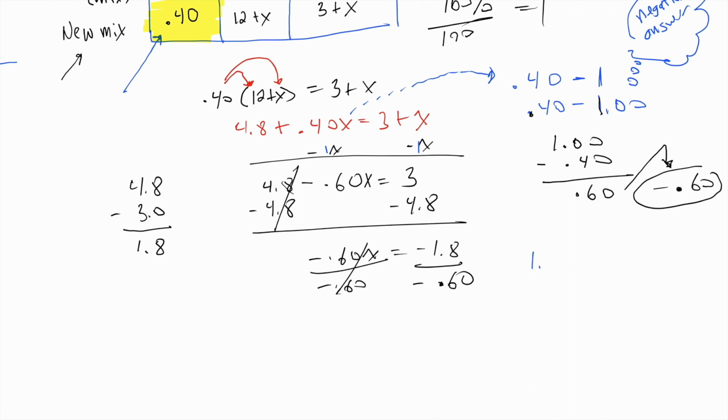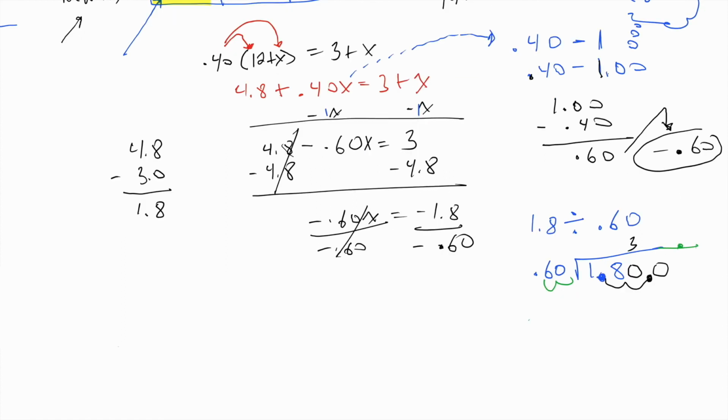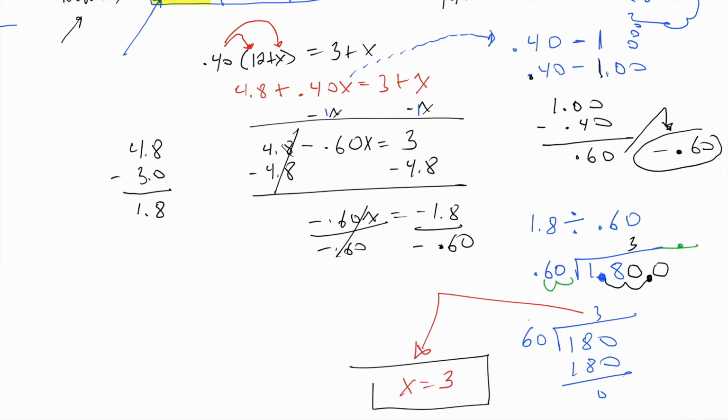So it's 1.8 divided by 0.60. So then you go 0.60 going into 1.8. Then what do we do? Let me just rewrite that. 60 going into 180, 3. So x equals 3. That's it.